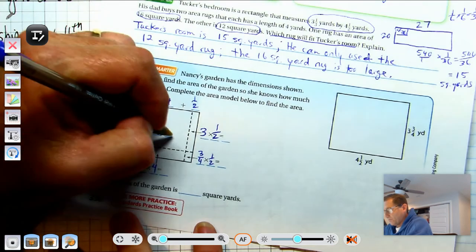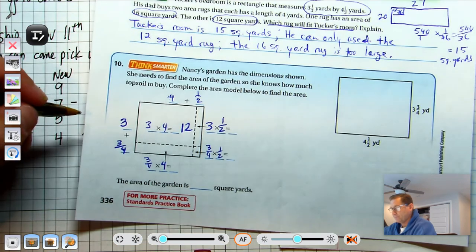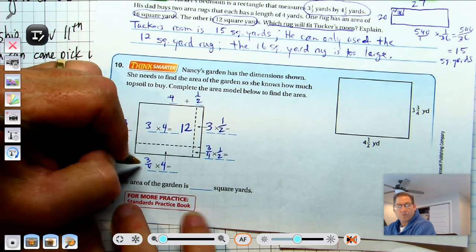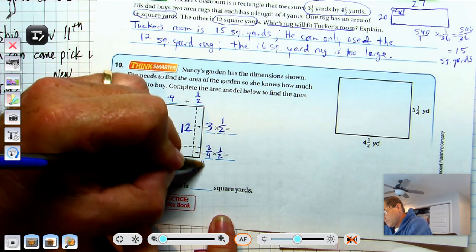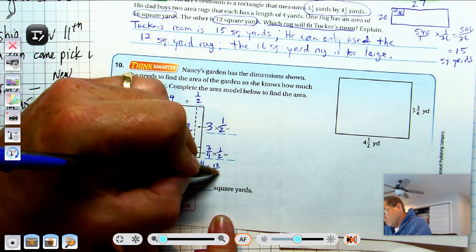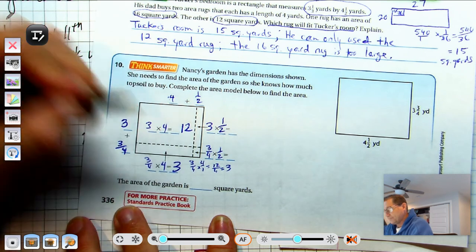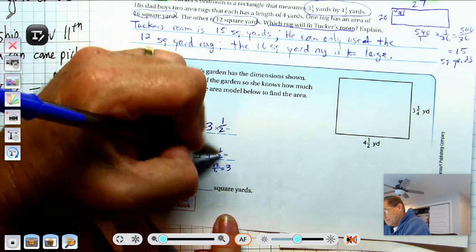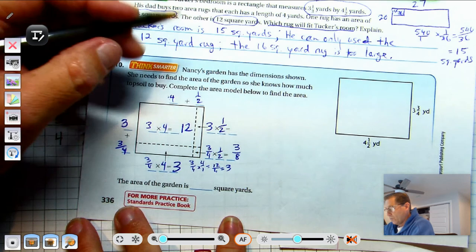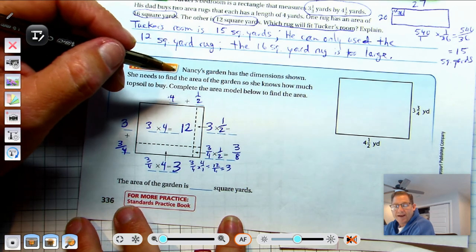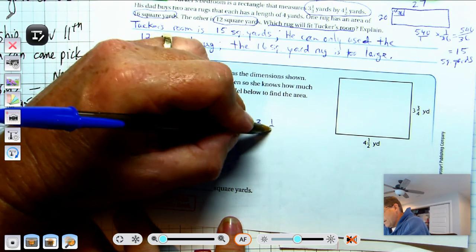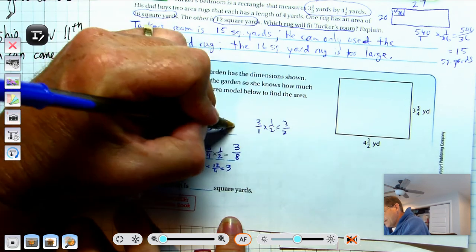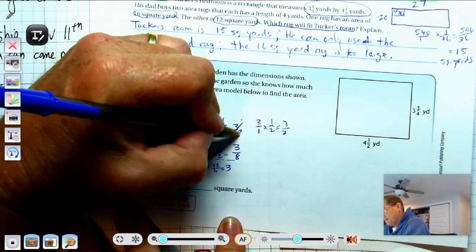All right, well, 3 times 4, that's 12. And 3/4 times 4 is the same as saying 3/4 times 4 over 1. So 12/4, which equals 3. And 3/4 times 1/2 is 3/8. And 3 over 1 times 1/2 is 3 halves.